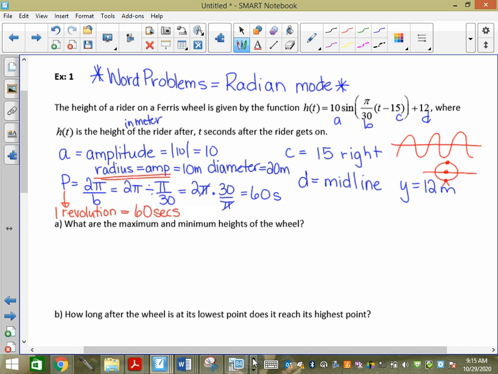The middle of the circle. It represents the center of the circle. If it's the midline, it's the middle, which means it's the center of the circle. So the midline is just the center of your circle.